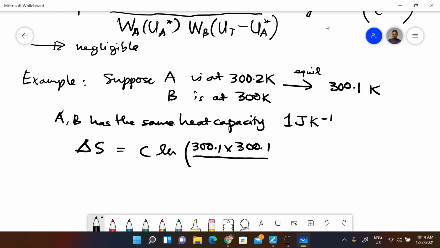Remember that this is related to the log of the number of accessible states, and now it's written in terms of the temperature. And this is about 1.1 times 10 to the minus 7 joule per Kelvin.